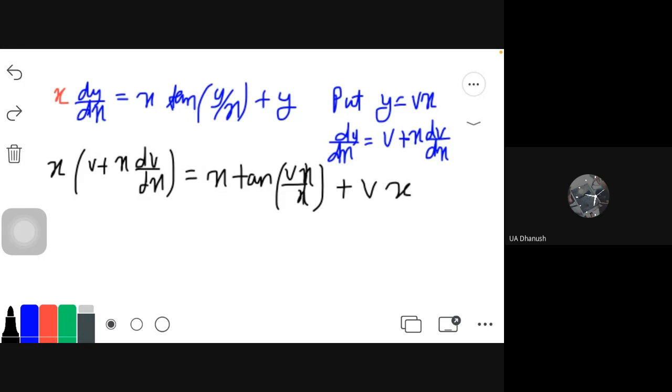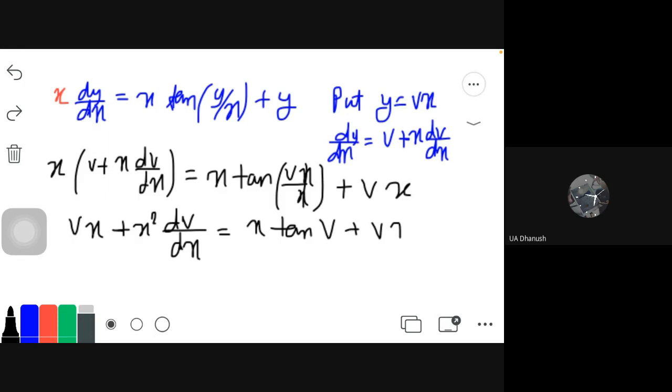So this x gets cancelled. I'll multiply x inside, so vx plus x square dv by dx is equal to x into tan of v plus vx. So on both the sides vx is there, so vx gets cancelled.